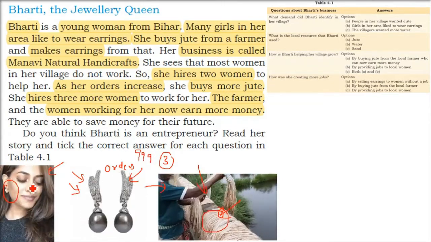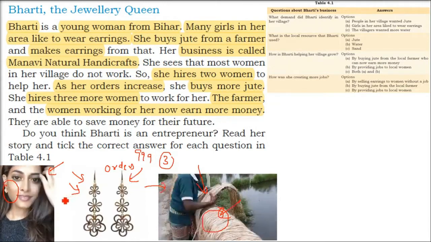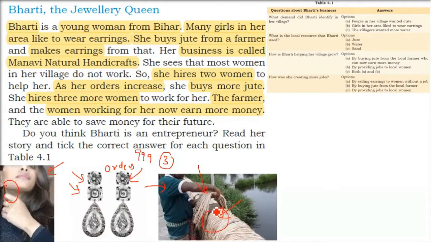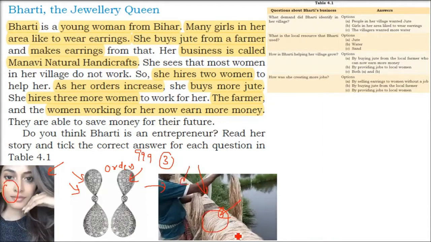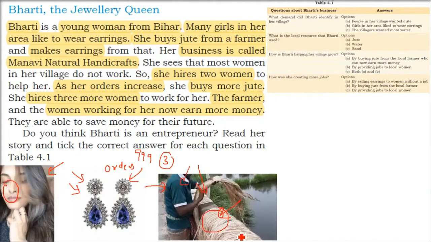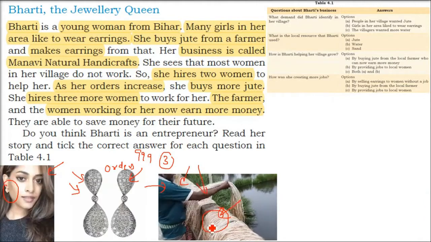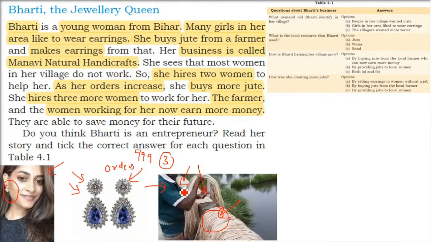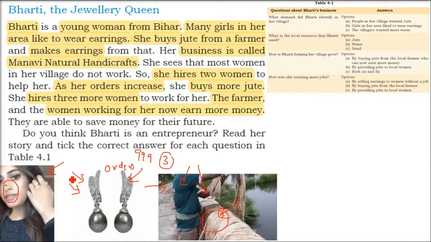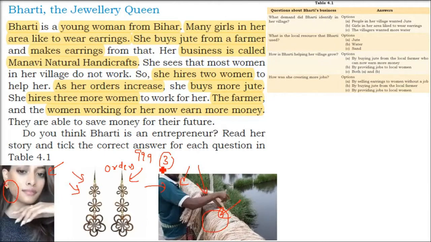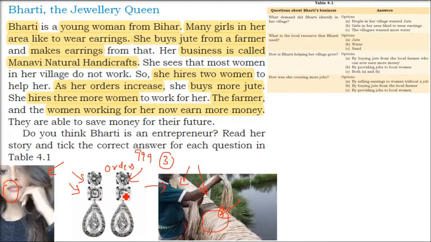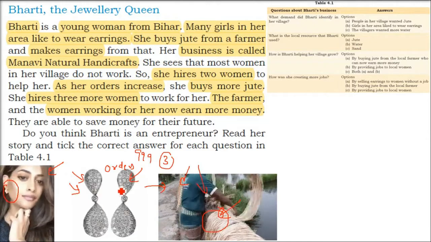The women whom she is hiring are also benefited. So in all the ways, she is helping the society by starting a business. Jute is patsan in Hindi, patsan. So everyone in the chain is benefited. Though it is true that Bharti is also benefited, all other people are also in the chain.